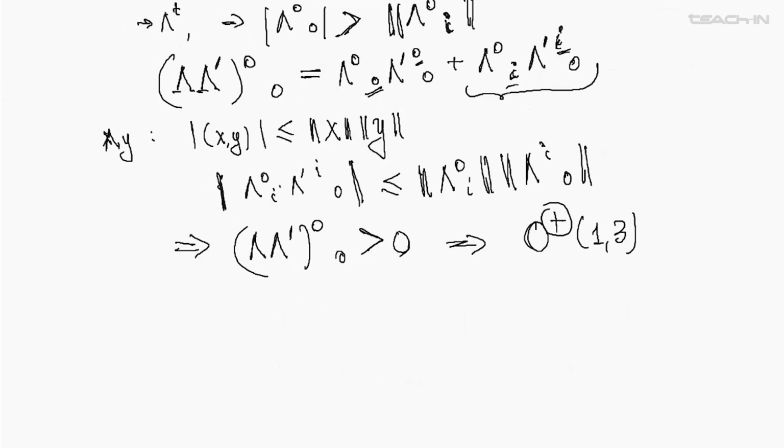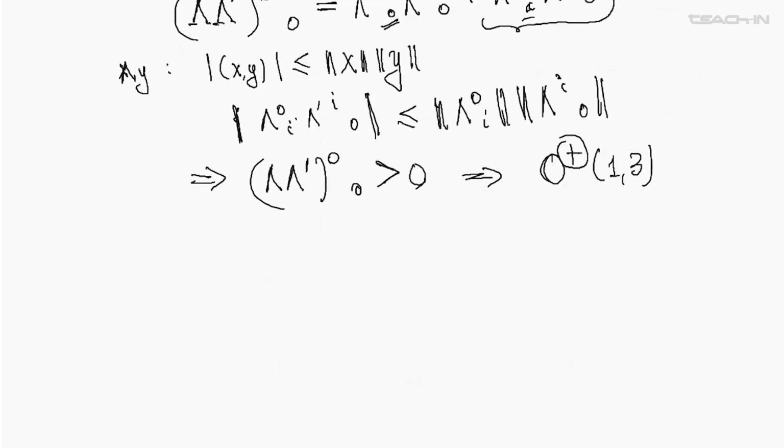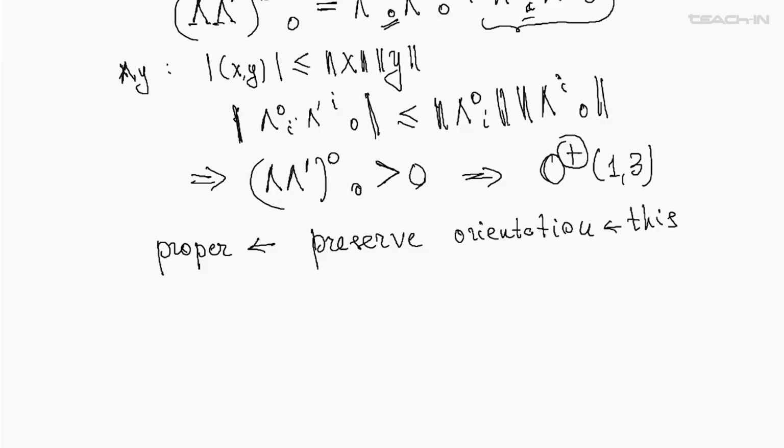Now, concerning the determinant, the Lorentz transformations which preserve orientation are called proper. Proper transformations are those which preserve orientation, and these are transformations with determinant equal to +1.